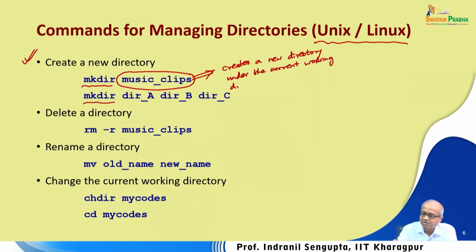So, wherever you are now, the new directory will be created under that. Using mkdir, you can create multiple directories in the same command also, multiple folders, dir A, dir B, dir C. I want to create 3 new directories, so I can do it in a single command also.